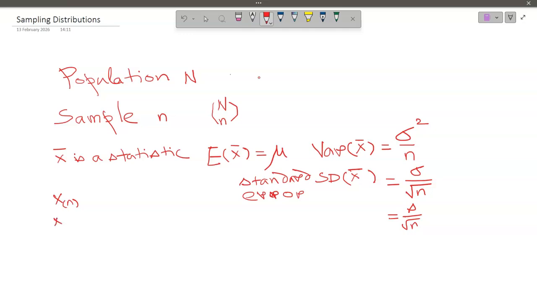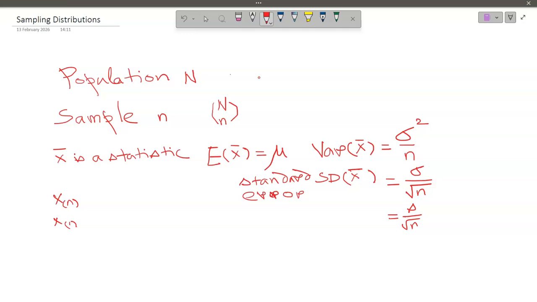Then x(1), the minimum of the sample values, is also a statistic, and we can think of the expected value of x(n), the expected value of x(1), and variance and standard deviation, and the distributions depending on the sampling scheme.